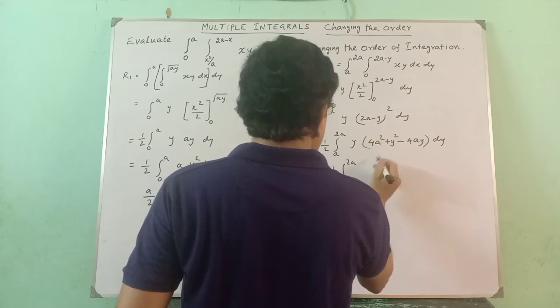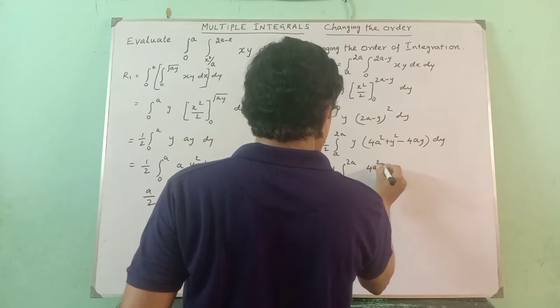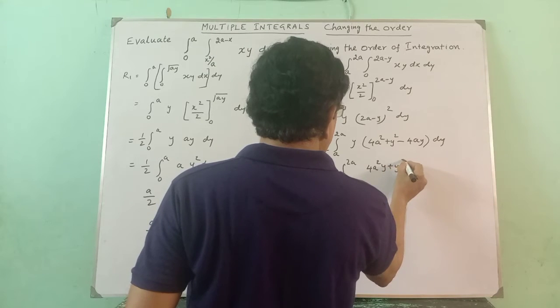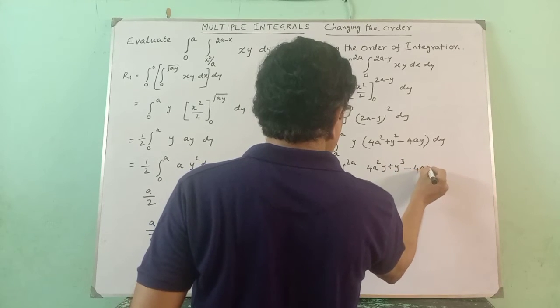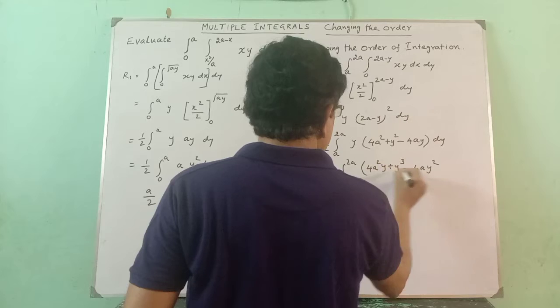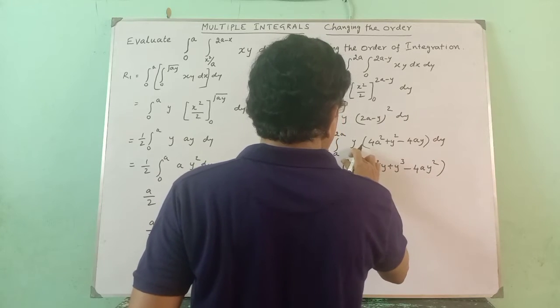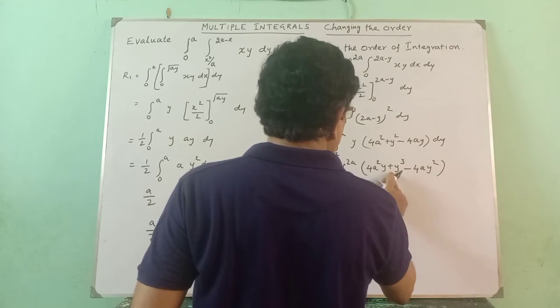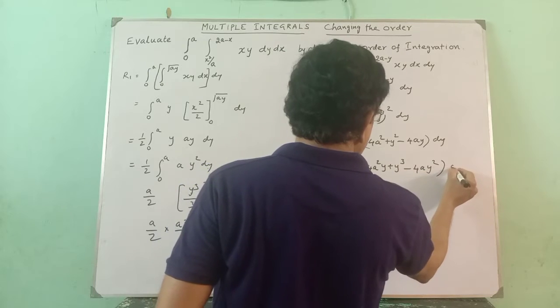Multiply by y: 4a square y plus y cube minus 4a y square, dy.